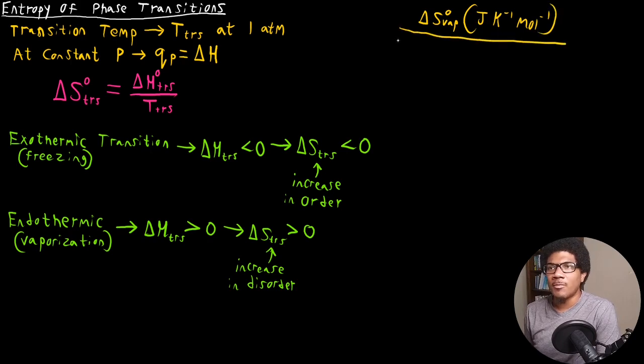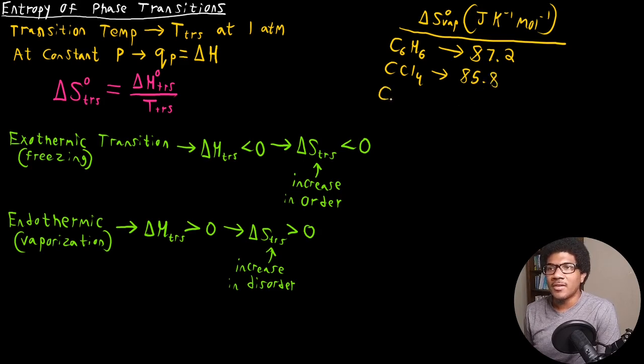Let's look at benzene. For benzene, C6H6, its delta S of vaporization is about 87.2. For carbon tetrachloride, its delta S of vaporization is about 85.8.